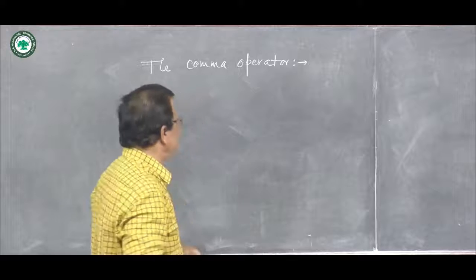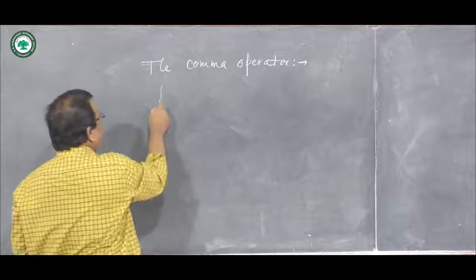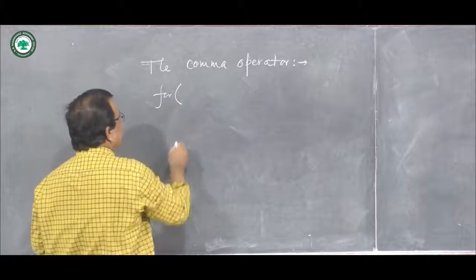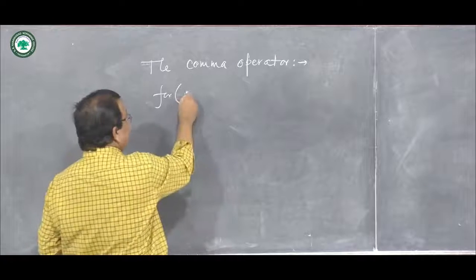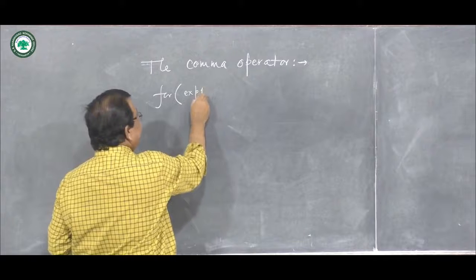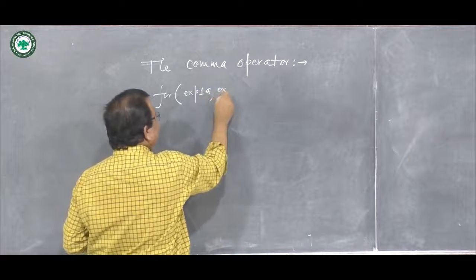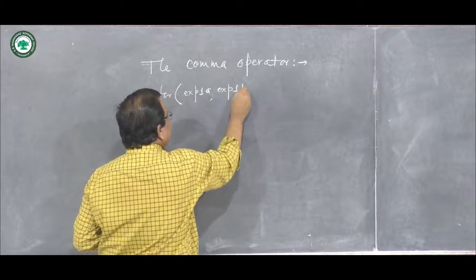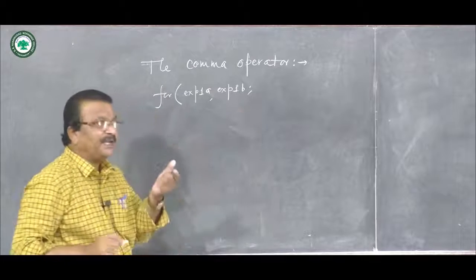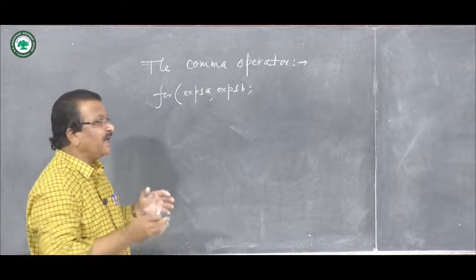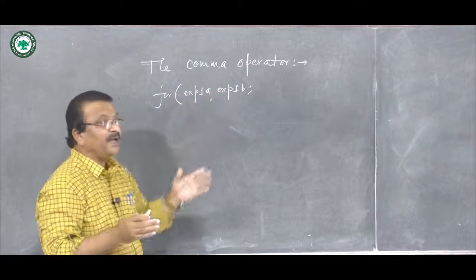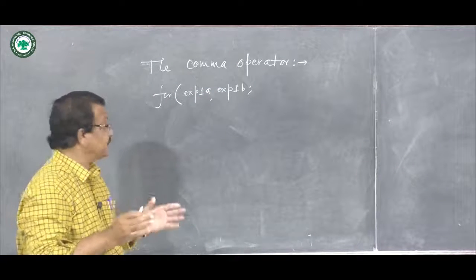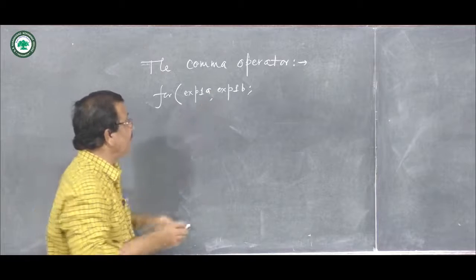Here is an example. For, instead of expression 1, I have two parts of expression 1: expression 1a, comma, expression 1b. So instead of a single expression 1, I have two expressions, namely expression 1a and expression 1b, as part of a single section separated by comma.